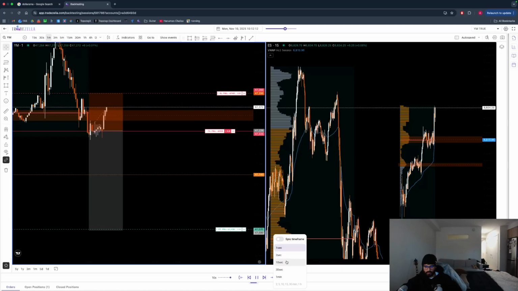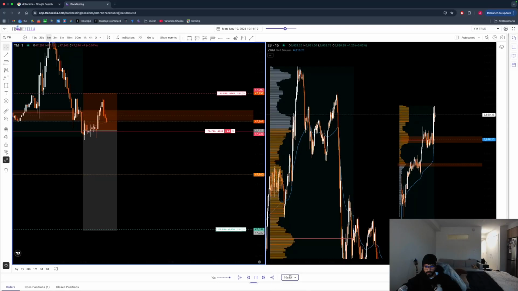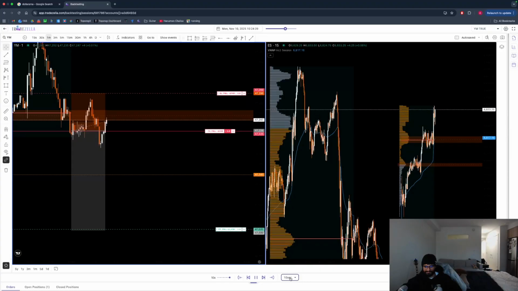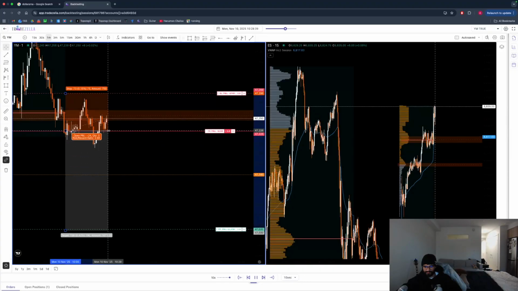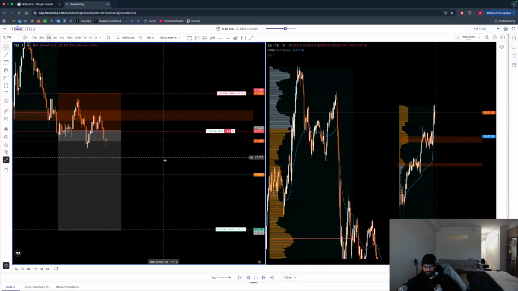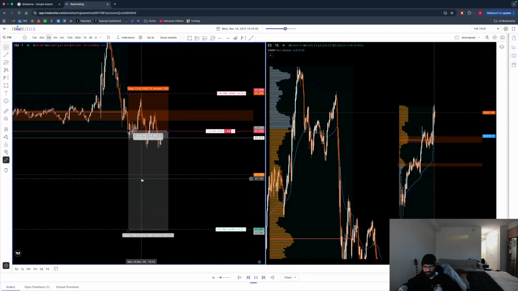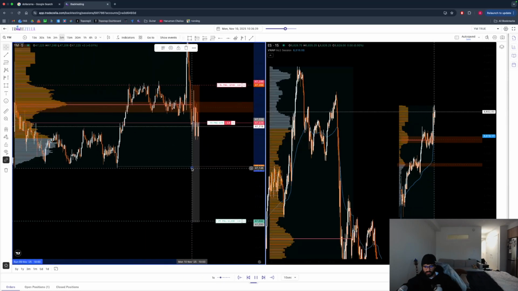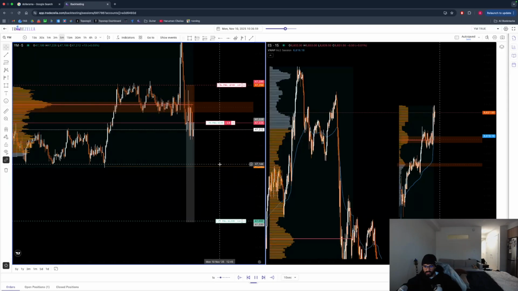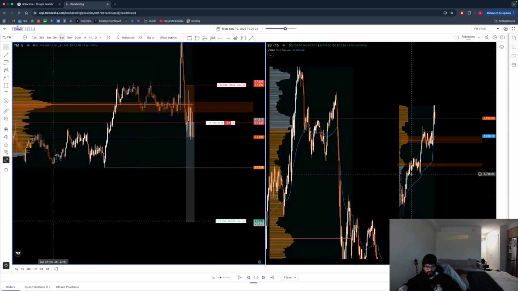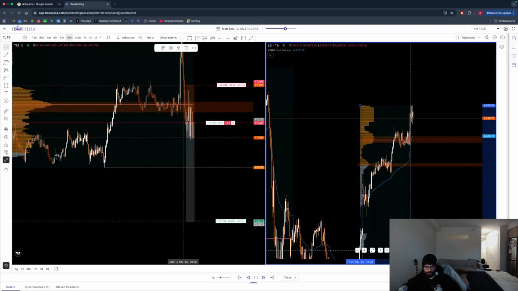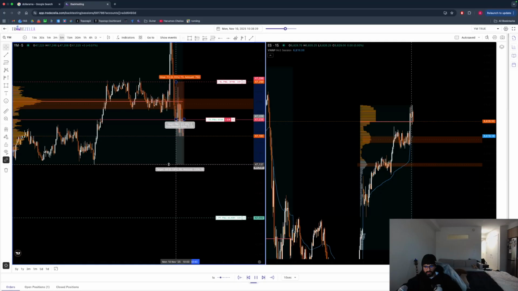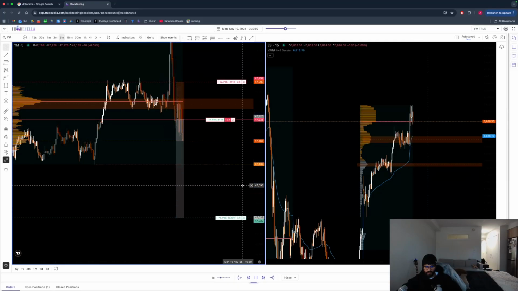Might be a stop out here. Give us some speed. Very interesting. Okay. We're not getting very clean delivery. We're still respecting this point of control rejection, which is good for our trade thesis. Pretty good.